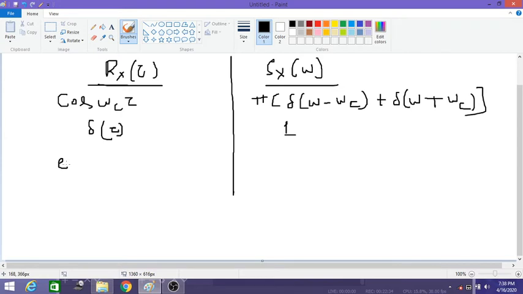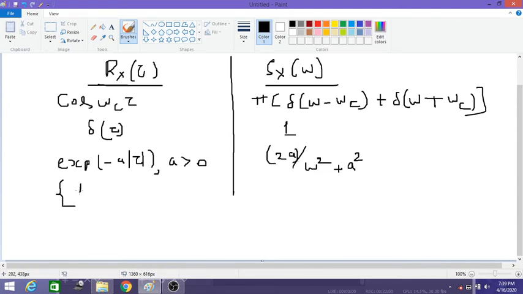If it is exponential of minus a times magnitude of tau for a greater than 0, then it is 2a divided by omega square plus a square.